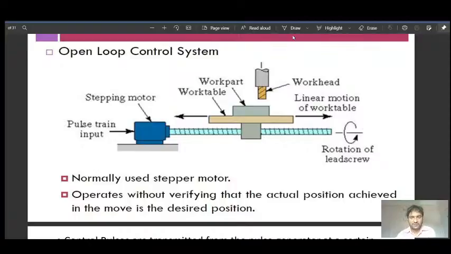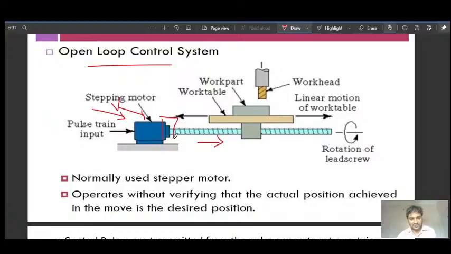As you can see, in open loop we do not verify whether we have reached the desired position or not. It means once the signal comes to the motor, generally voltage comes to it, it drives the stepper motor in steps, and then through gear reduction, the lead screw rotates.